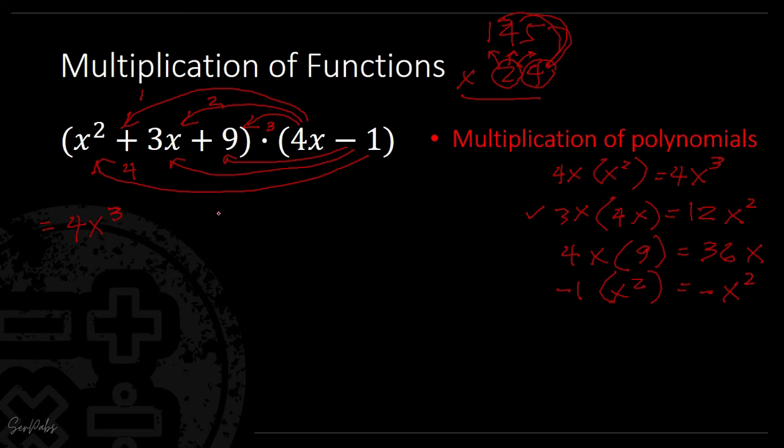Panglima. Ito ang ating panglima. 3x times negative 1 or negative 1 times 3x. Inihiwalay ko lang, yung malilito. Negative times positive, negative. And then 1 times 3, 3. And then copy x.